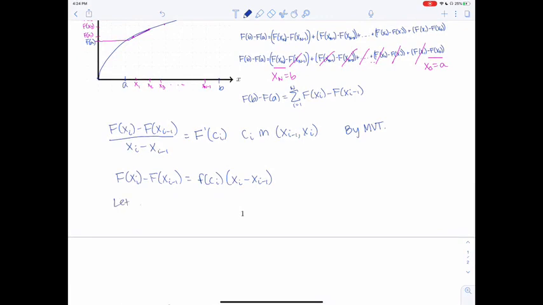Let's let delta x_i be the difference in these values. Then this is really just equal to f prime of c_i times delta x_i.